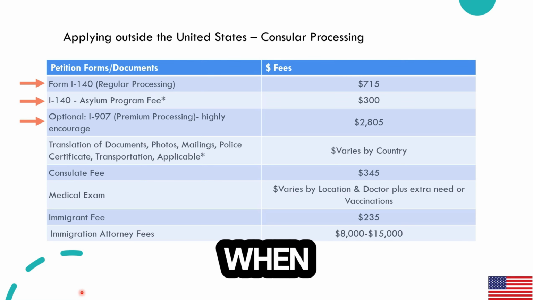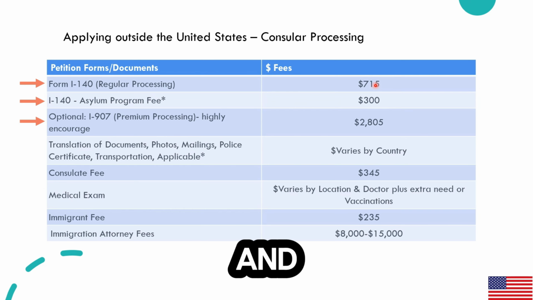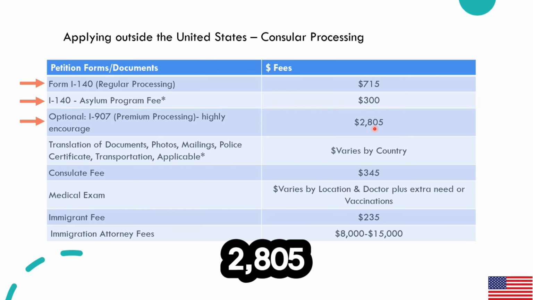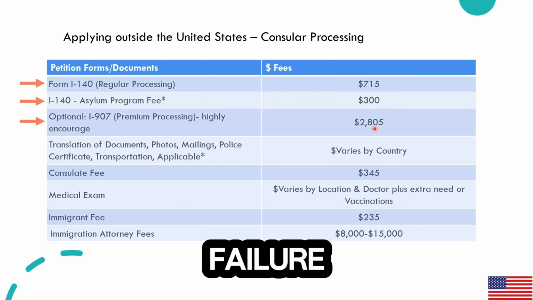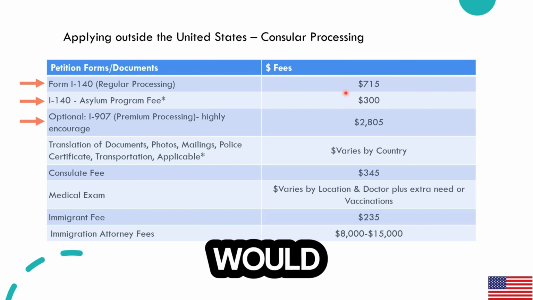To clarify, when you go the premium processing route, you'll be paying the cost of the regular processing of $715 and the asylum cost of $300 plus the cost of the premium processing of $2,805. Failure to include the $715 in your application when you go the route of premium processing would lead to delay. So take note.